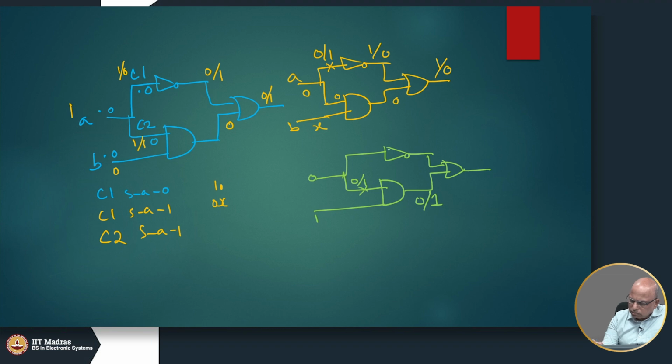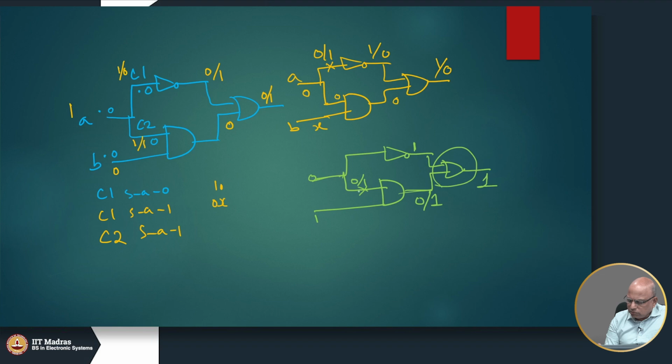This 0, there is no fault on this line. So, this will come and become a 1 and now you see there is something interesting happening here, this output became 1. Okay. So, the output is 1 no matter what. The fault got propagated to this point, but I am not able to propagate it to the output. The reason why I got a 1 here is because this 0 is required for fault activation.